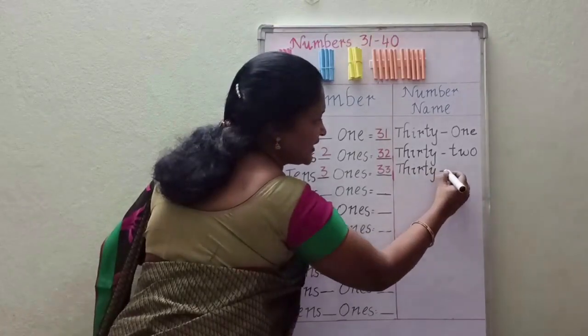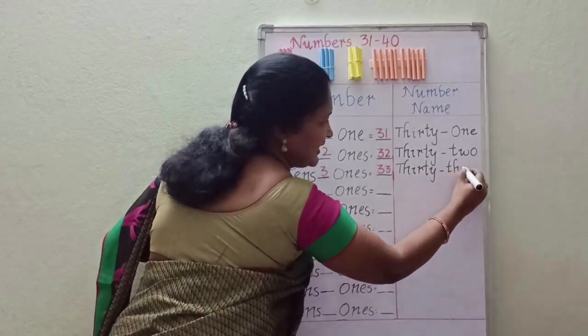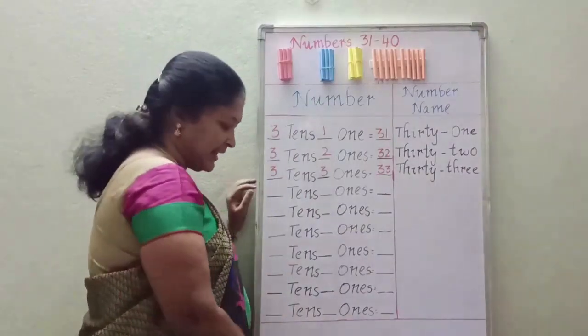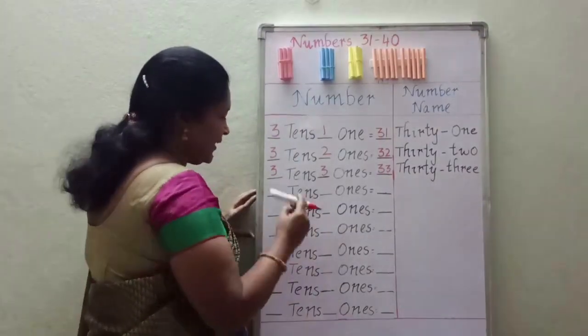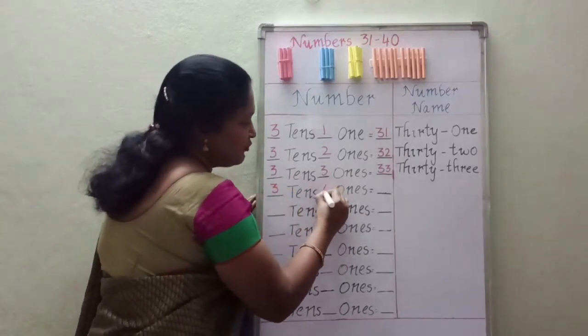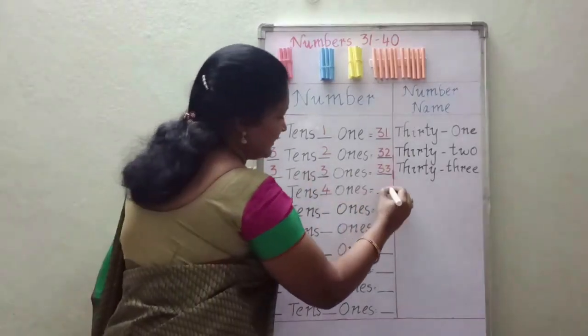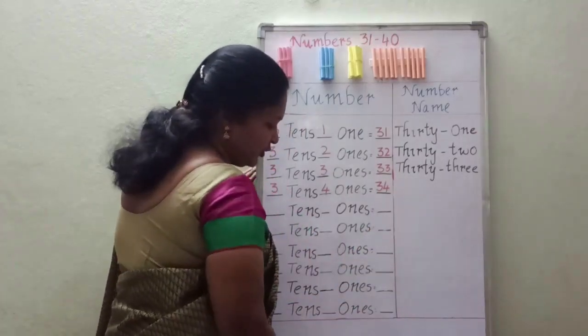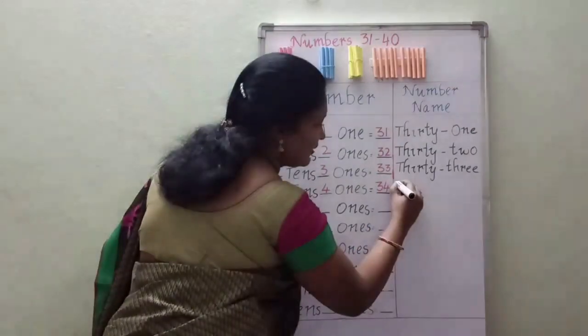T-H-I-R-T-Y, 30. Put a hyphen. T-H-R-E-E, 3. 33. And next which number will come? 3 tens, 4 ones. That is 34. What is the spelling of 34?